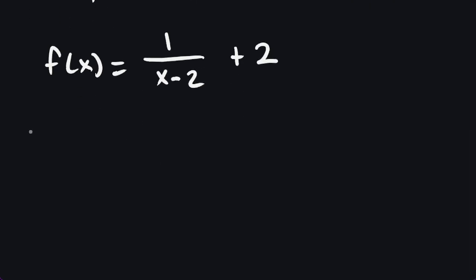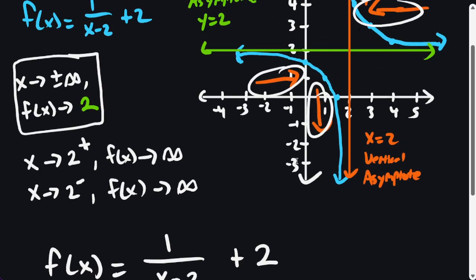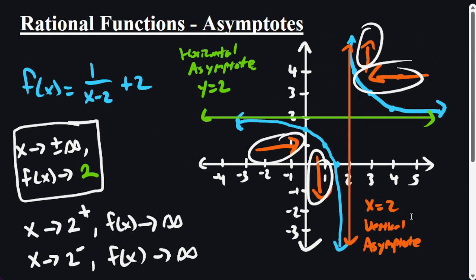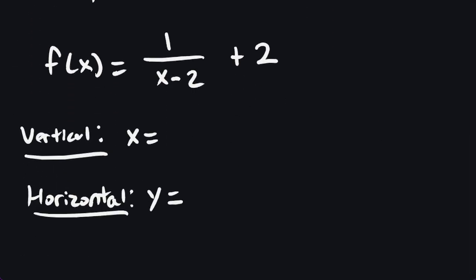If you wanted to find its vertical and horizontal asymptotes, we can do that algebraically. We know its vertical asymptote takes the form x equals, and the horizontal asymptote takes the form y equals. So vertical takes the form x equals, horizontal takes the form y equals.